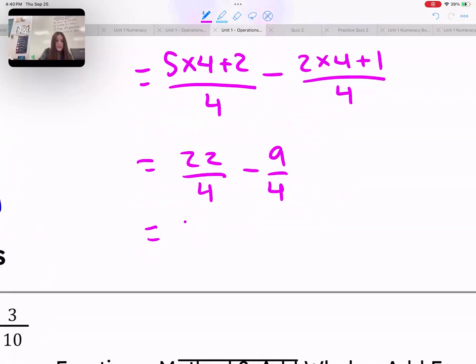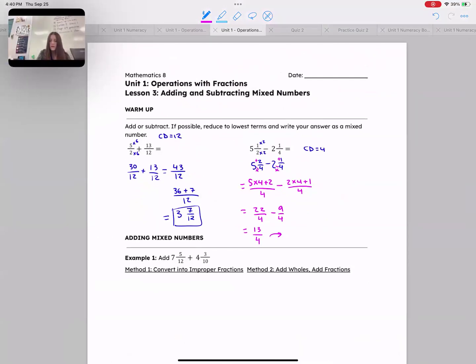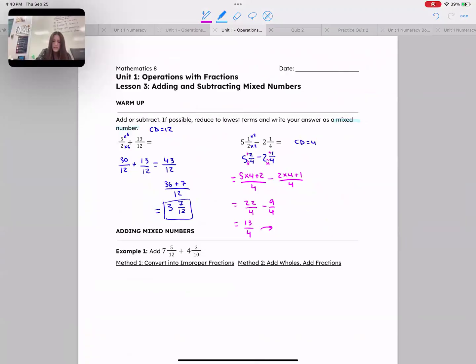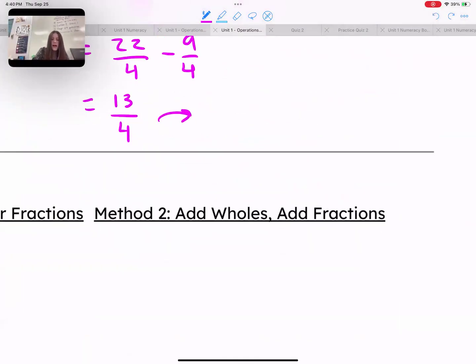So that is going to give me 13 over 4, which I then will convert into a mixed number because this question did tell me to do that. So I'm going to do that. I ask myself how many groups of 4 can fit into 13, and the answer is 3, and then you have one remainder. That is your final answer.